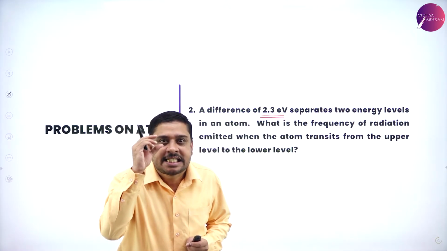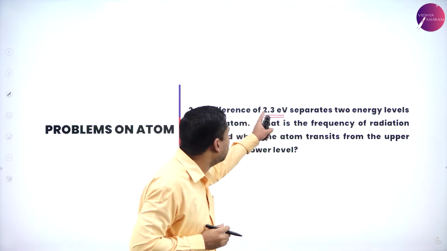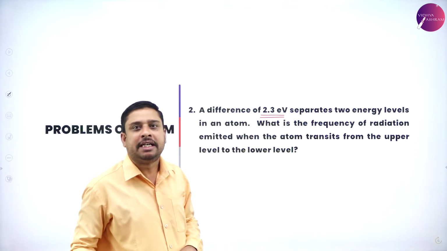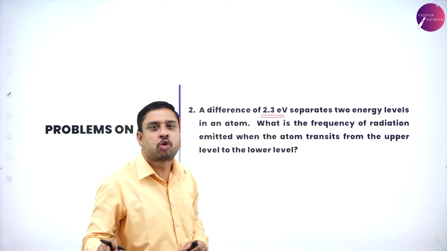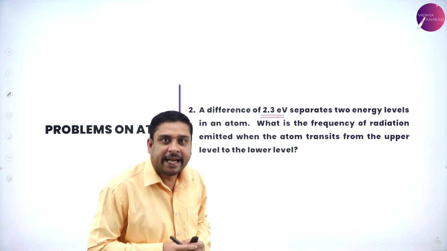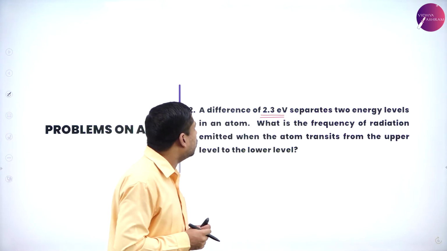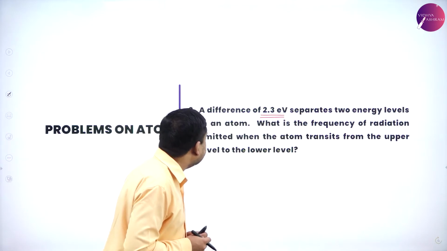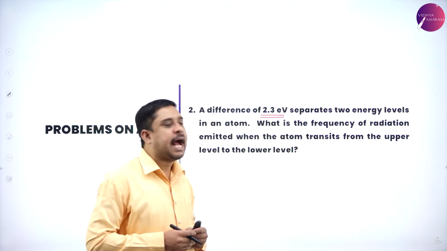An energy difference of 2.3 electron volt is separating two energy levels in an atom.